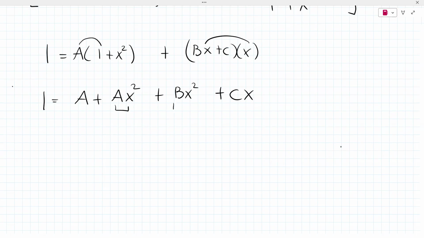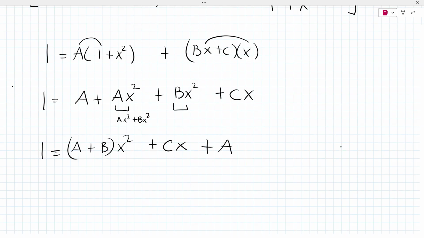You have Ax squared plus Bx squared, which is the same as A plus B times x squared, plus Cx, plus A.